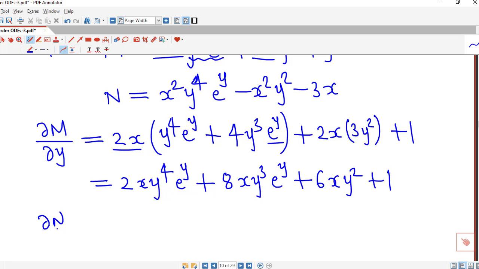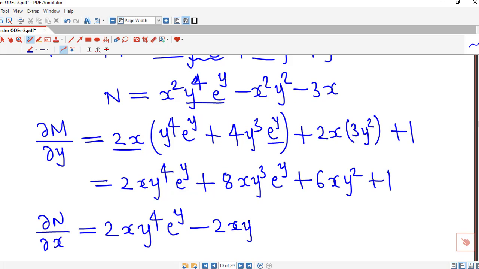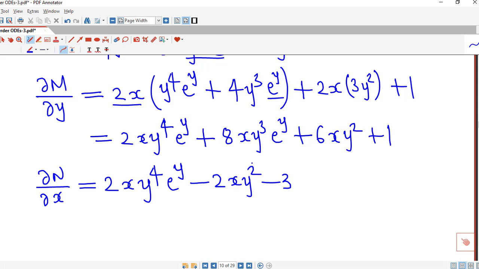So this is the partial derivative of M with respect to y. Now we find the partial derivative of N with respect to x. Here y raised to 4 e raised to y is constant, derivative of 2x square is 2x. So we have 2x y raised to 4 e raised to y minus y square constant, derivative of x square is 2x, minus derivative of minus 3x is minus 3.